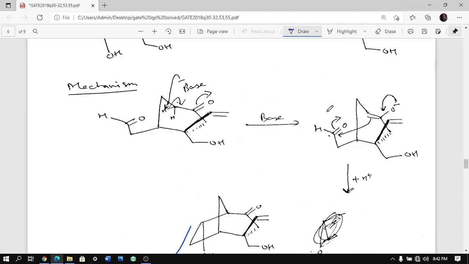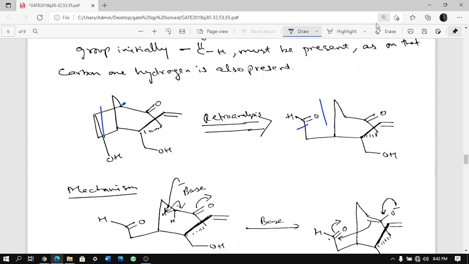Since the answers ask for stereochemistry also, let's not disturb the stereochemistry and do the reaction. See here, this part is up and this H is coming out. If H is coming out, it is towards the viewer, so it will remain towards the viewer and something else will go behind.